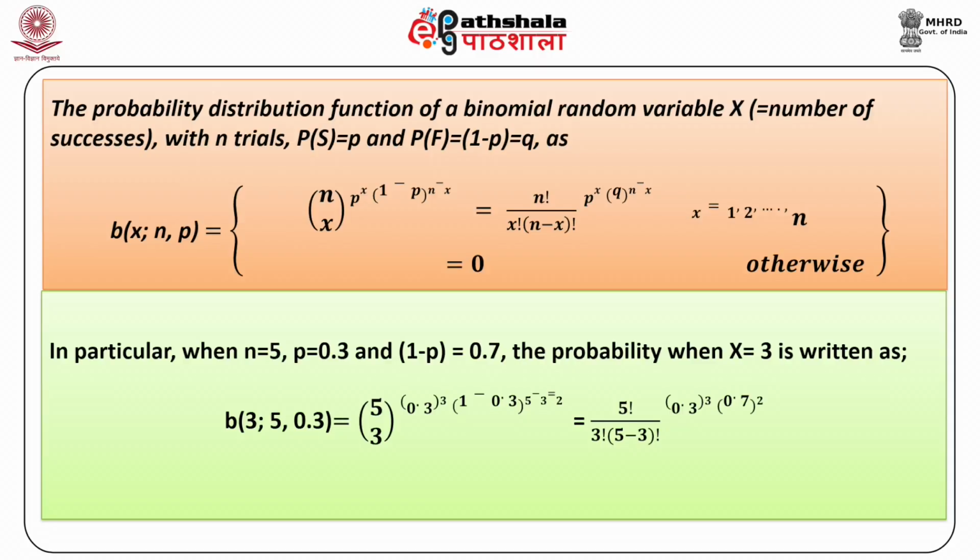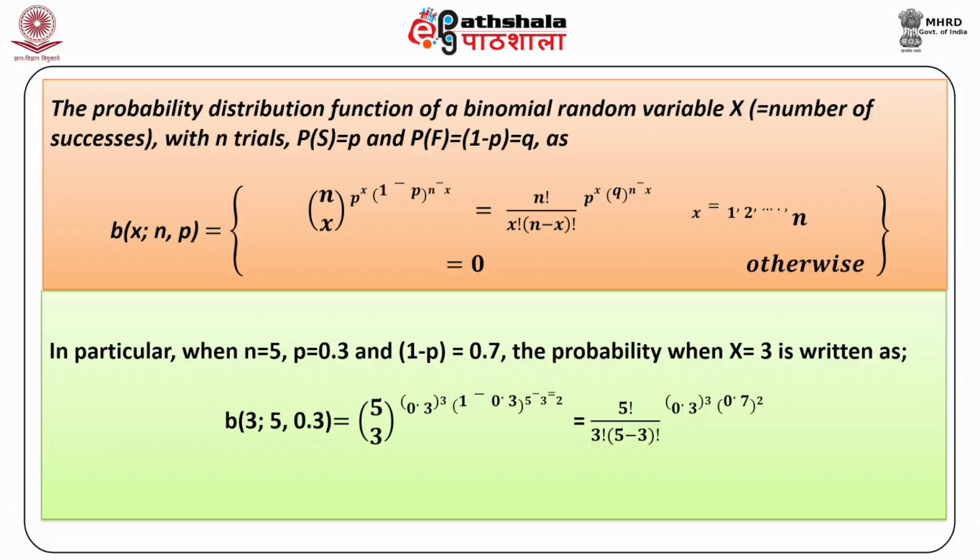So in particular, when n is equal to 5 and p is equal to 0.3 and 1 minus p is equal to 0.7, the probability when x is equal to 3 can be written as b of 3 with 5 and 0.3 as parameters and is equal to 5C3 into 0.3 raised to power 3 into 1 minus 0.3 raised to the power 5 minus 3, equal to 2.